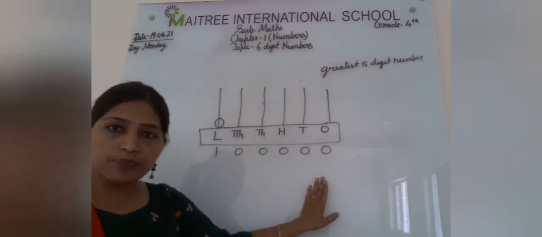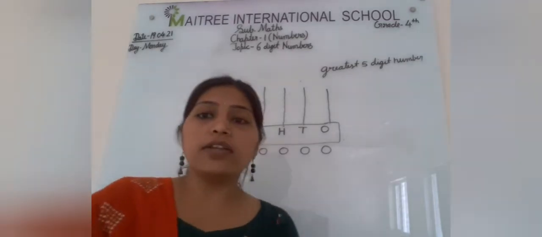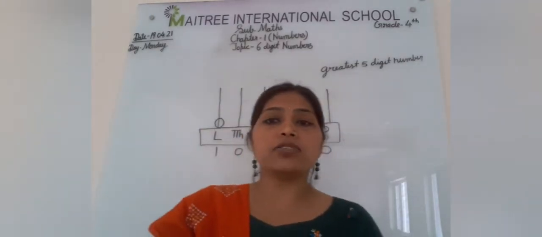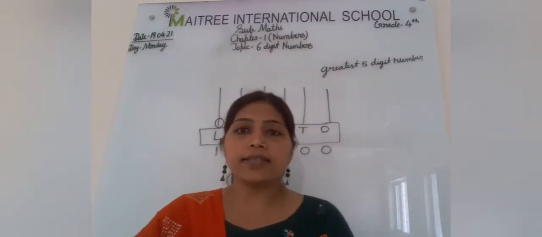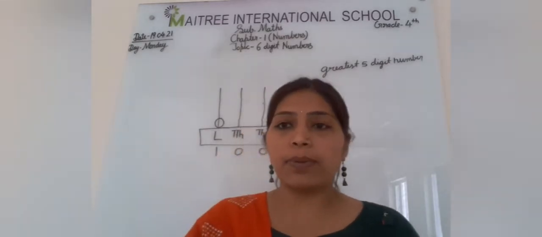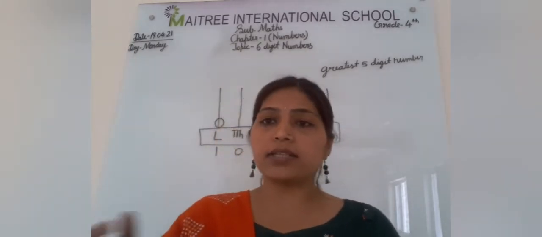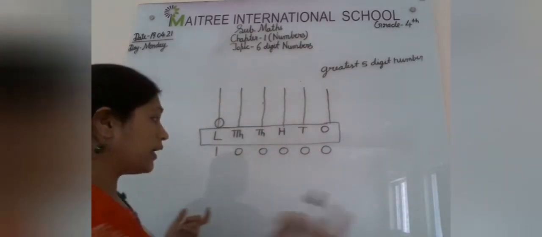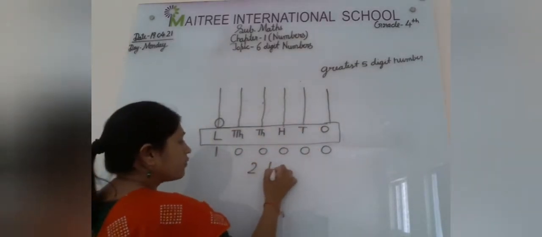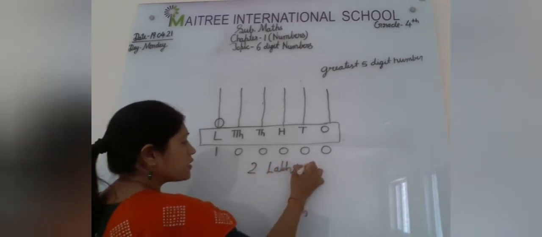Clear to everyone? So I told you we will not use lakhs. When will we use lakhs? If a number is not mentioned before lakhs, like if I am speaking of lakhs of people, lakhs of animals, lakhs of insects, where a particular number is not there, then we can use lakhs. But if a particular digit is there, if I am saying 2 lakh, it is 2 lakh, not 2 lakhs, this will be wrong.